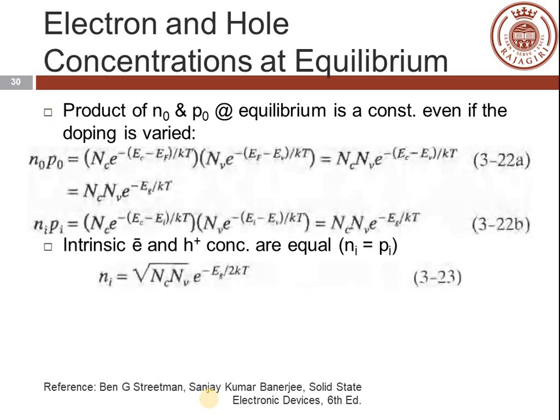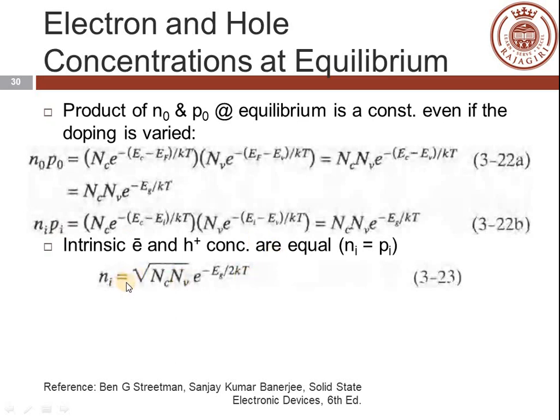Now, for intrinsic semiconductor, we said intrinsic hole concentration is equal to intrinsic electron concentration, because however many electrons move from the valence band to the conduction band, only that many holes are there in the valence band. So ni is equal to pi. So if you substitute ni equal to pi in this equation 22b, you will get ni square.